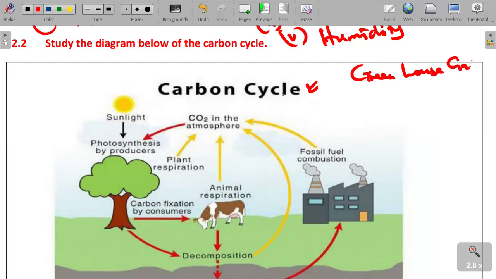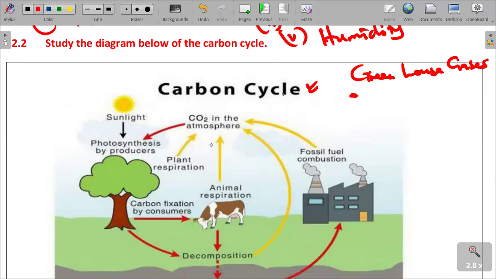Greenhouse gases, we are talking about the amount of carbon gases in the atmosphere, which affect various factors. We can talk about the concept of climate change, ozone depletion, global warming and so forth.